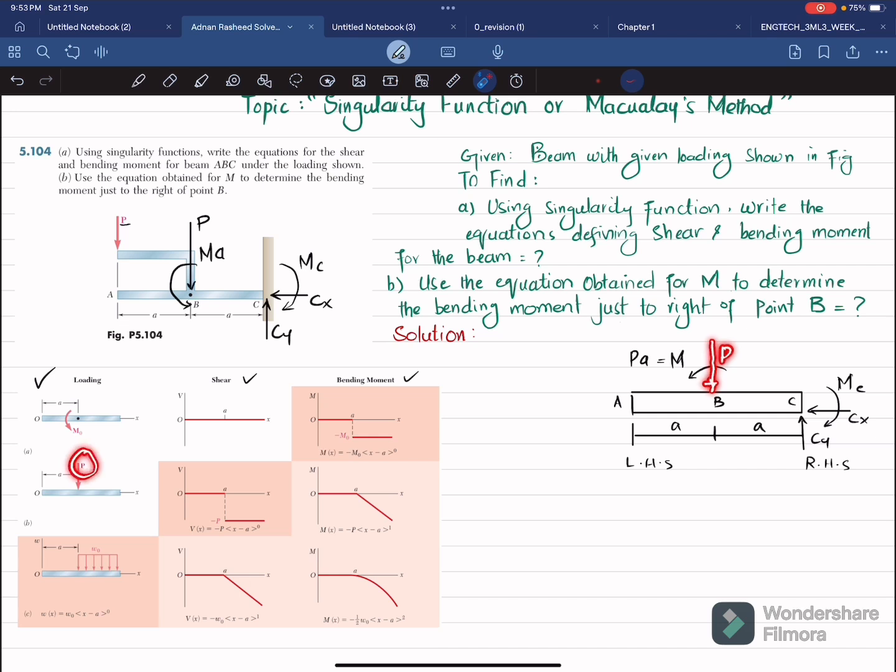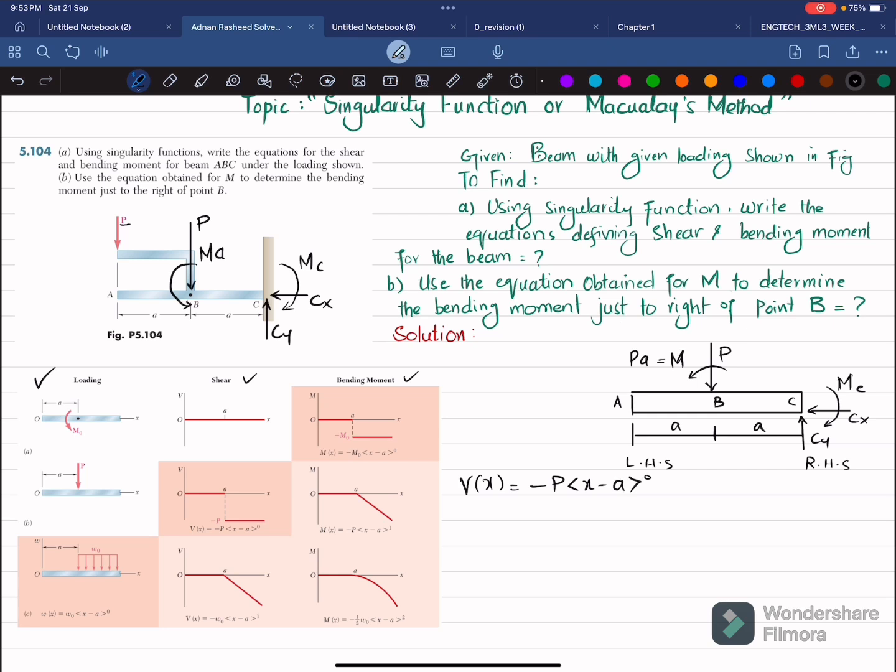So you can see you will use this equation, this figure, that is minus P acting at a distance of A. So the shear force equation will be this one. I will write V of x is equal to minus P into x minus a power 0.